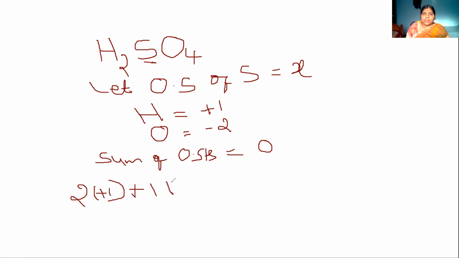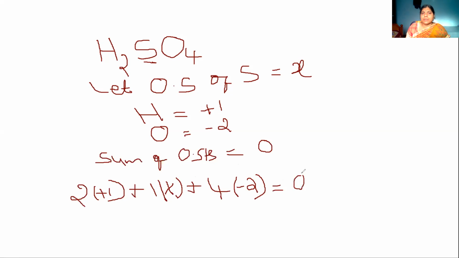X. Okay, I'm taking X like this. Then plus, how many oxygen atoms here? 4. 4 into what is the oxidation state of oxygen? -2. So 4 into -2. That will be equal to 0.